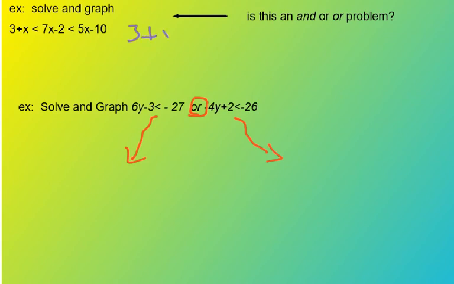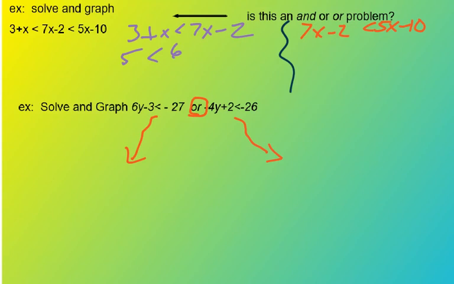So do 3 plus x less than 7x minus 2. And then we're going to kind of have a separate problem where we have 7x minus 2 less than 5x minus 10. So over here, I would probably add 2 minus x, so that's 6x.